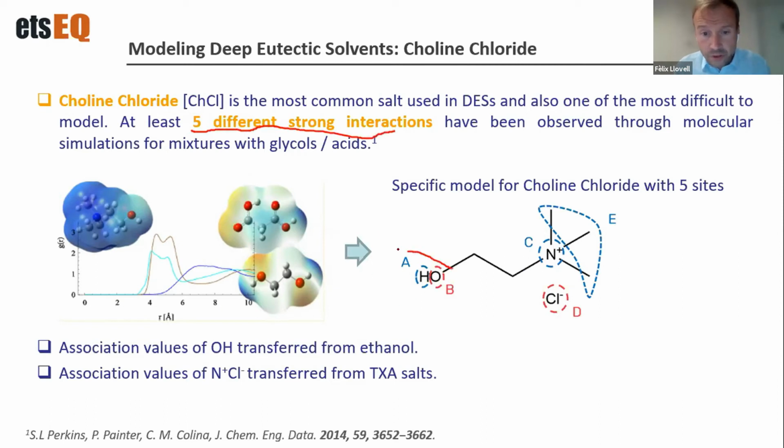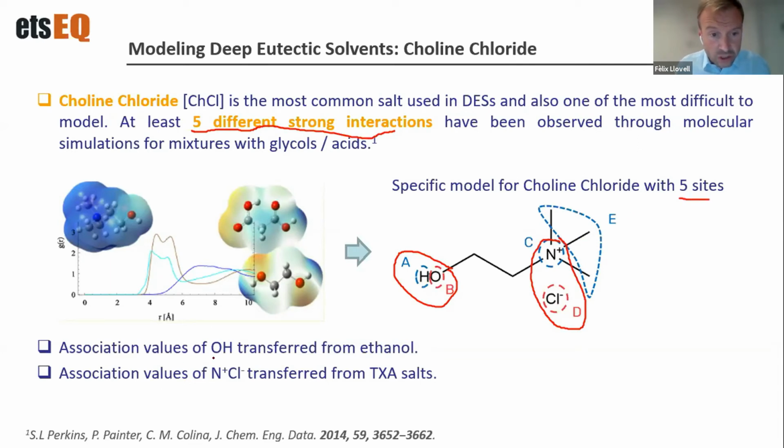Two of them for the hydroxyl group at the end of the tail, another two considering the nitrogen and chloride, and a fifth one considering these three possible hydrogens that can join the hydrogen bonded chloride atom, as I mentioned in the previous slide. We consider just one of them at the same time, so a total of five sites were used.